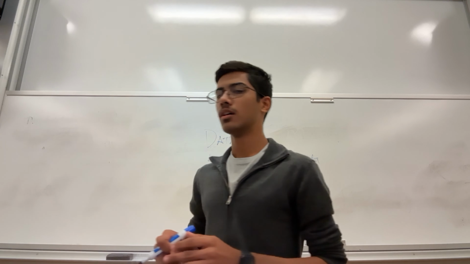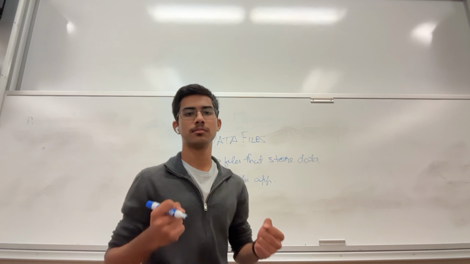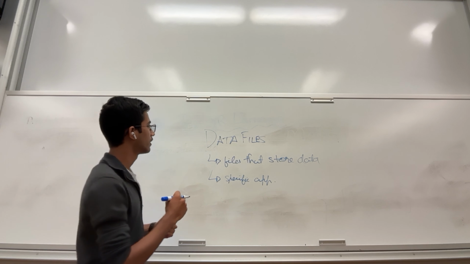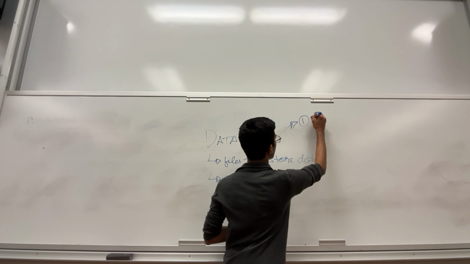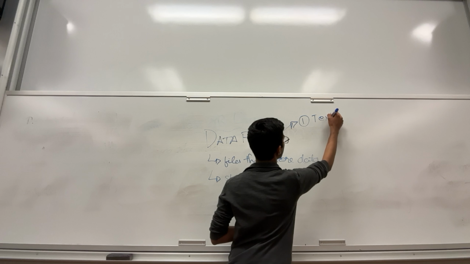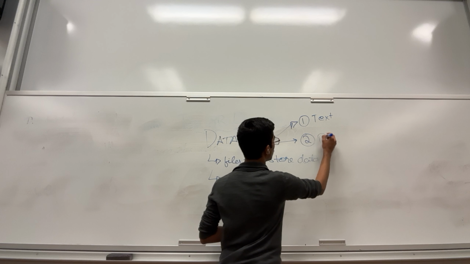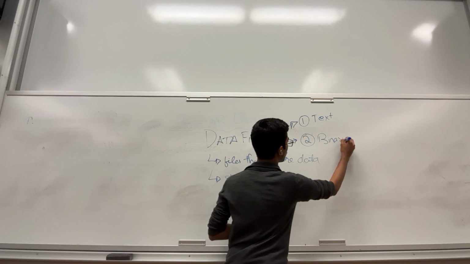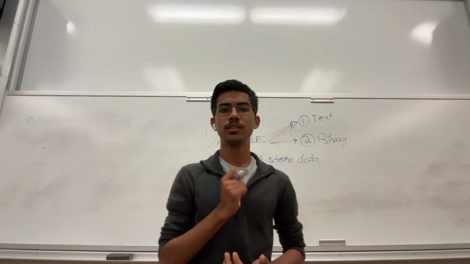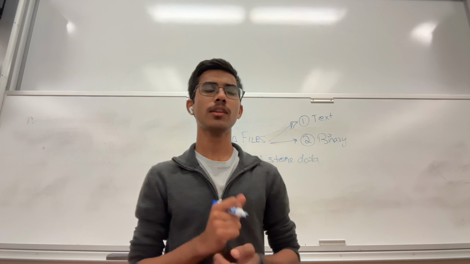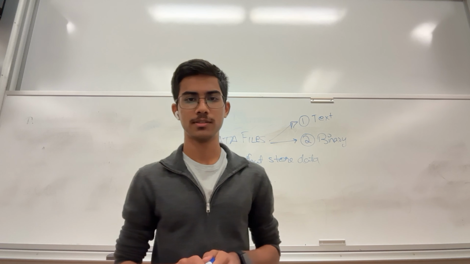Okay. Now, what are the different types of data files? Well, there are many kinds, but today we look at two, right? So we are going to look at number one, text files, and number two, binary files. What's the difference between both? We'll come to that shortly. But first, I want you to think about this.